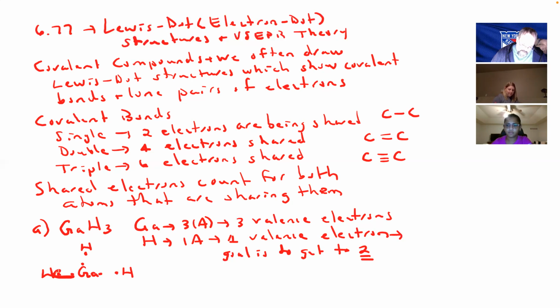Each hydrogen would share its 1 valence electron with gallium, and gallium would respond with one of its valence electrons. They're going to share 2 electrons between them, giving what type of bond? A single bond. So you end up with a single bond here, a single bond here, and a single bond there. That is the Lewis dot or electron dot structure for GaH3.